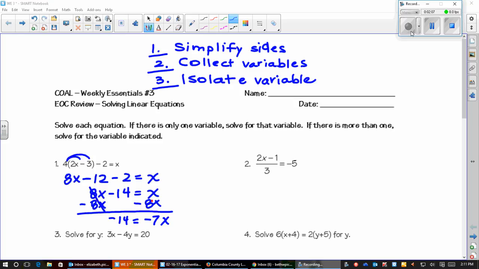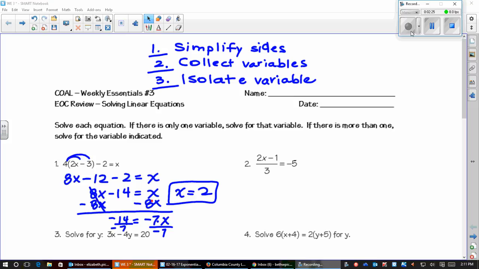So I'm finally ready to isolate the variable x. It is multiplied by negative 7, so I'm going to divide by negative 7 on both sides using the division property of equality and get that x equals 2. And that is the number that I should be able to plug in the place of x that would make the original statement true.